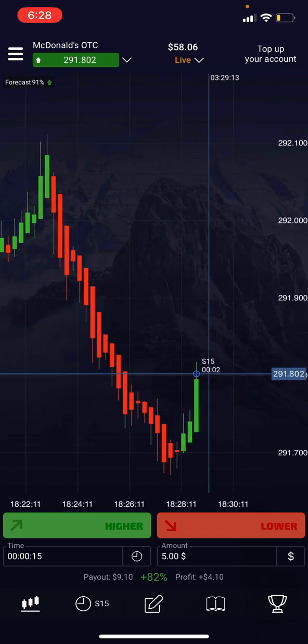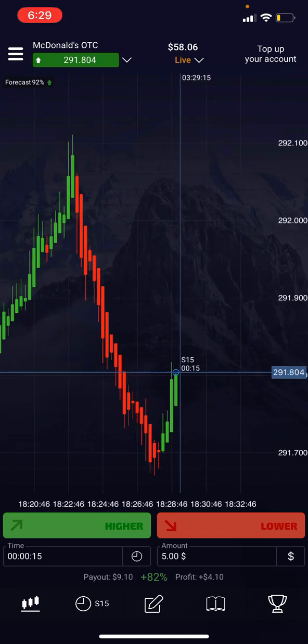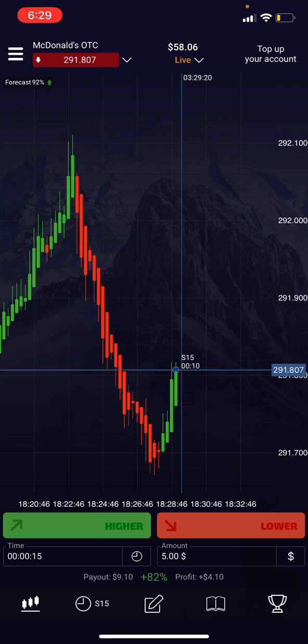So that's always been a play, just riding these momentum candles up and down.